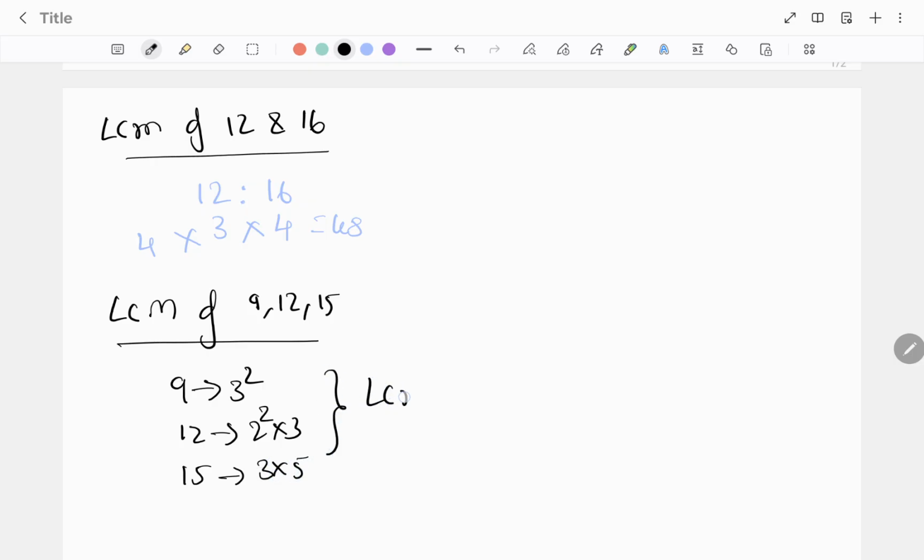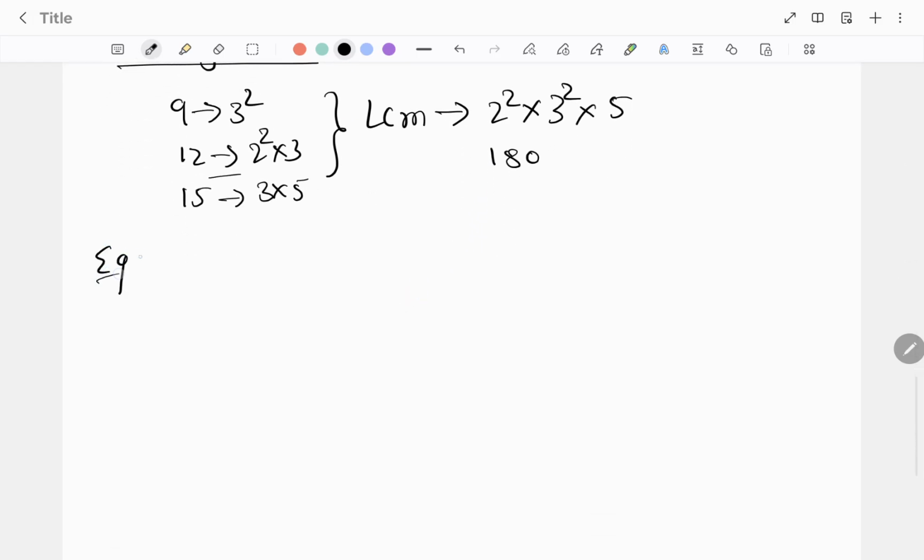So the LCM is, as I told, the highest power of 2. 2 is only in 12, so we need to take 2 square, because in 9 and 15, 2 is not there, meaning 2 power 0. Next, 3 power 1, 3 power 1, 3 power 2, so 3 power 2. Then 5 power 1, 5 power 0, 5 power 0, so 5. 4 into 9, 36 into 5, 180 is the LCM.